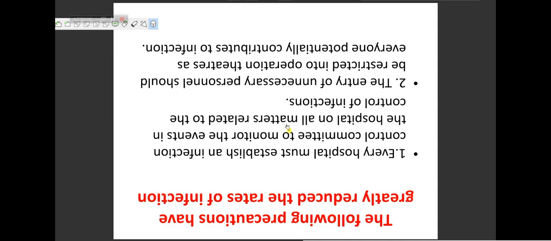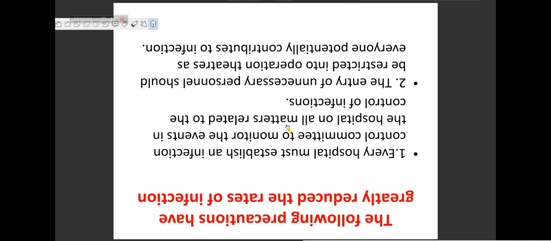So there are some precautions we use for reducing the rates of infection. Every hospital must establish an infection control committee. It is saying that every hospital should have an infection control committee, and it will monitor the events in the hospital on all matters related to the control of infection.